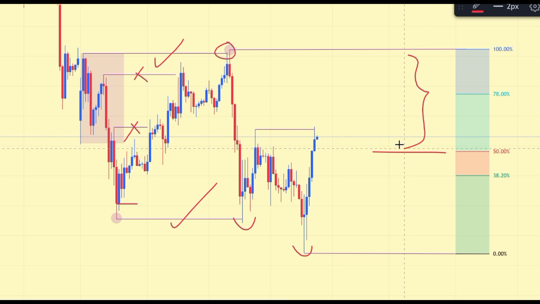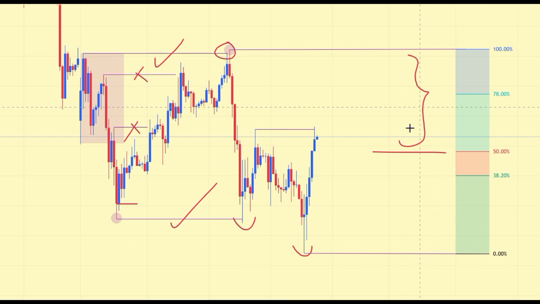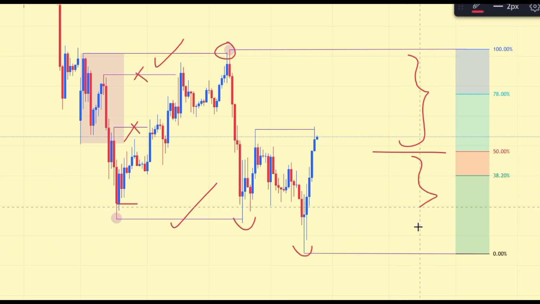Above this 50% is what we call the premium, and below it is the discount. The sweep is happening on the premium, so we are selling in premium. If we were bullish, we would be buying in discount.